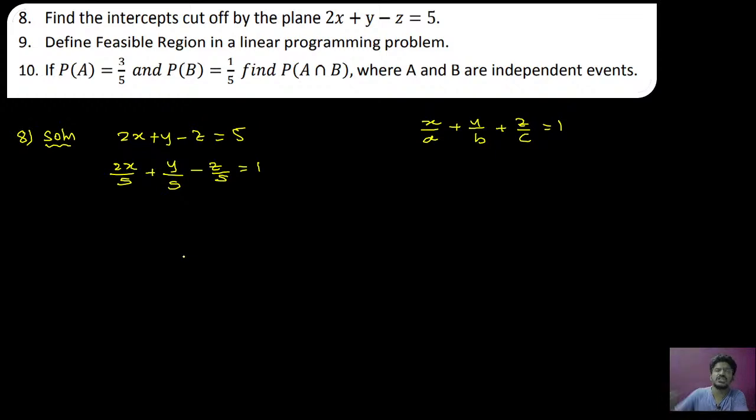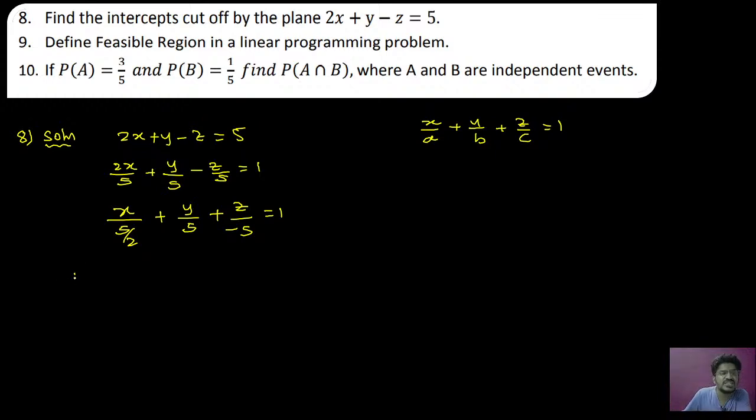Now you convert it to x by a plus y by b plus z by c equal to 1. It will be x divided by 5 by 2 plus y divided by 5 plus z divided by minus 5 equal to 1. Okay, so this is now your intercept form. They are asking to find the intercepts.